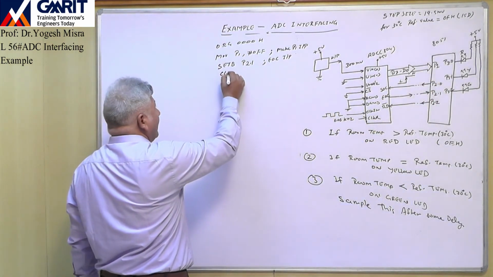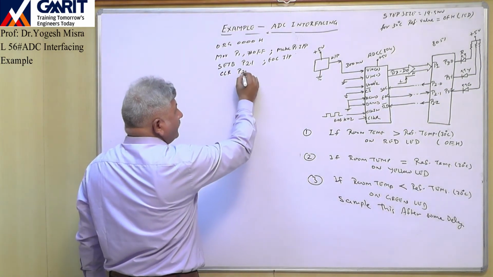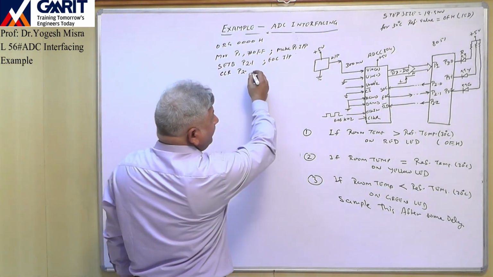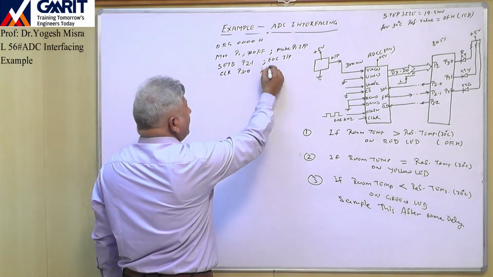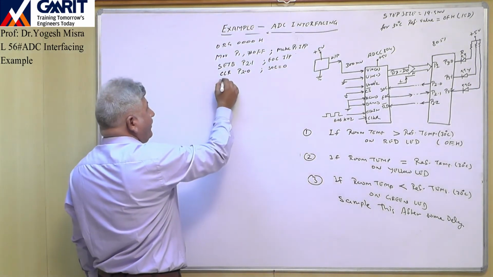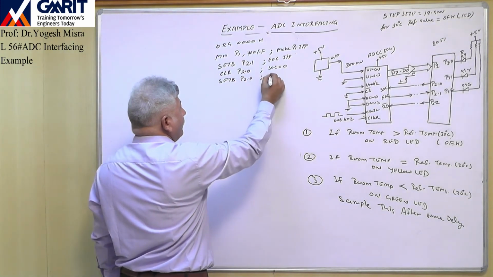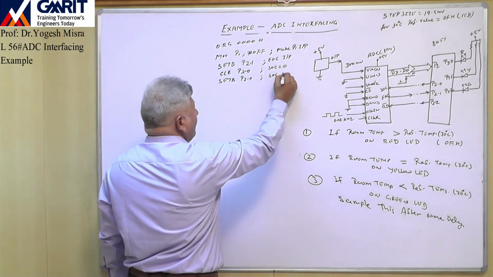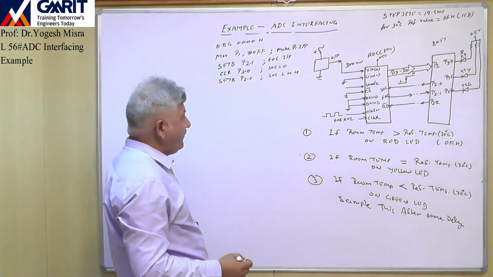For this CLR P2.0, means SOC is equal to 0, and then SETB P2.0. So SOC low to high pulse has been generated. Right?